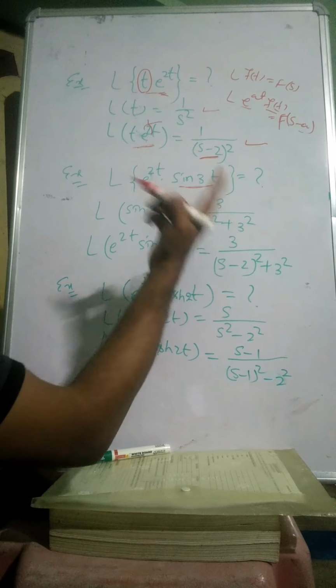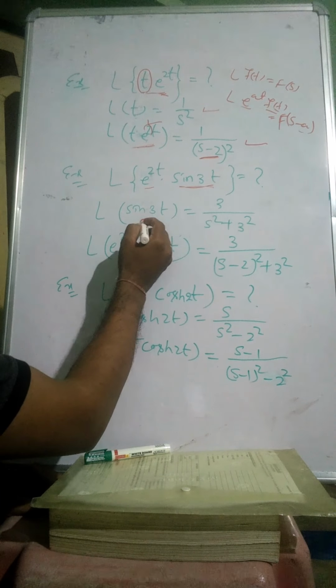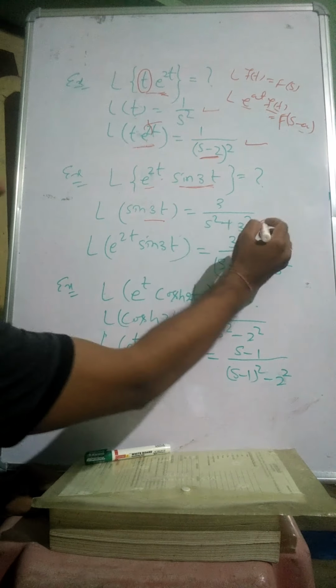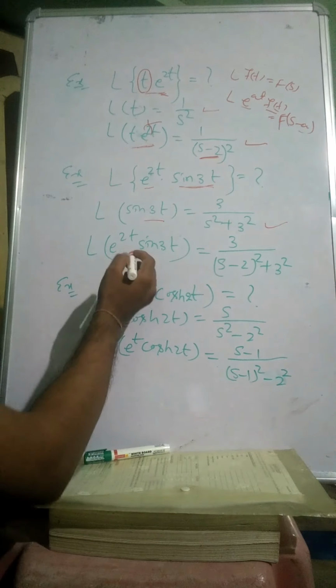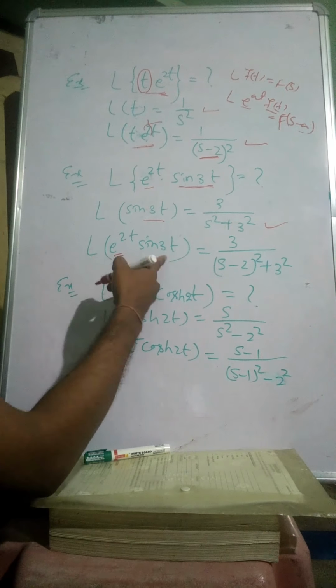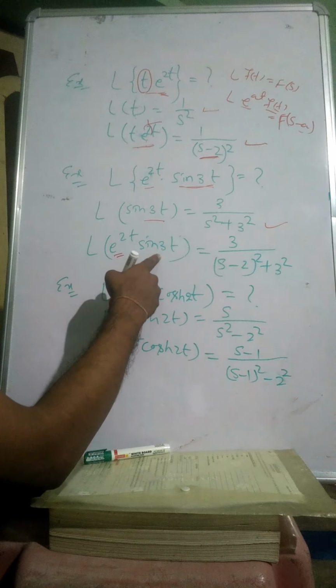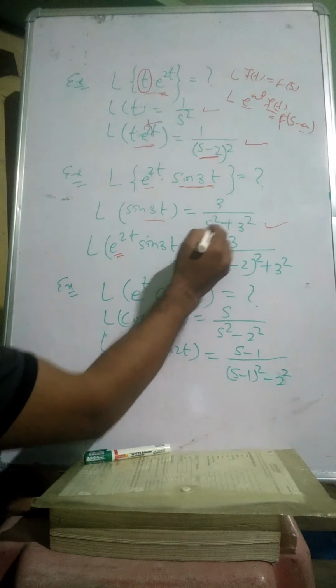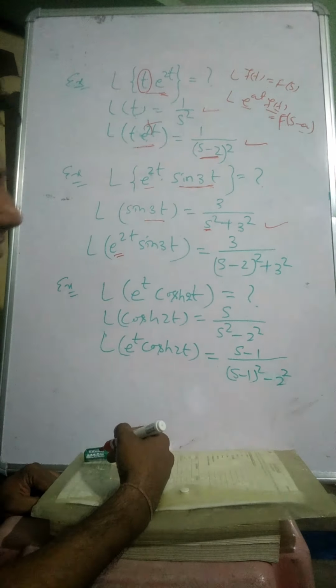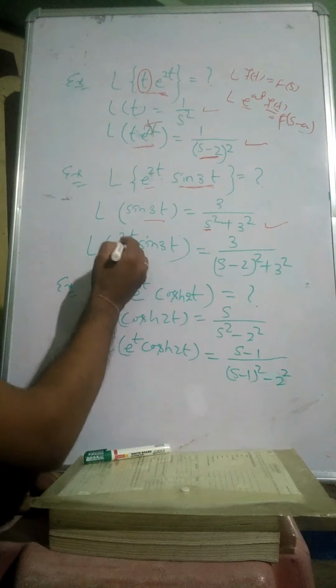According to our formula, we know that Laplace of sine 3t is 3 by s square plus 3 square. Now, if I multiply e to the power 2t with this, how to find Laplace of e to the power 2t into sine 3t? This s will be replaced by s minus a, and what is a here? Again 2.